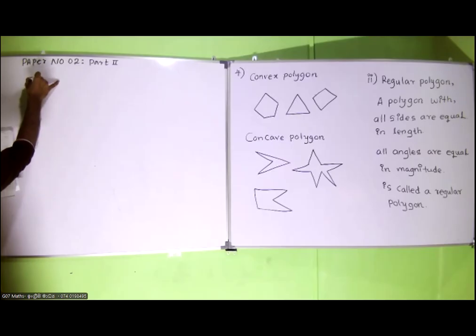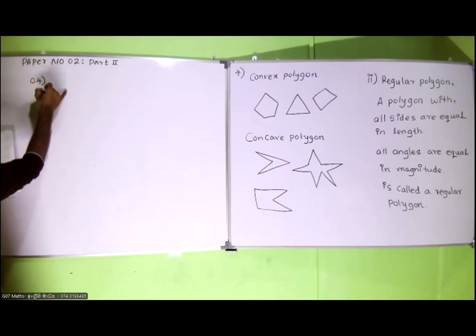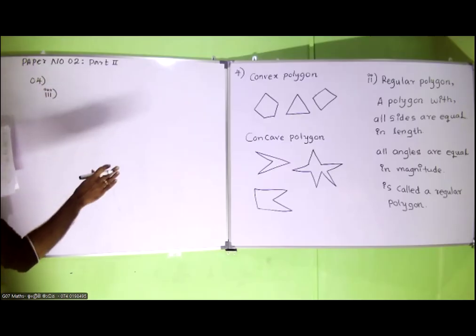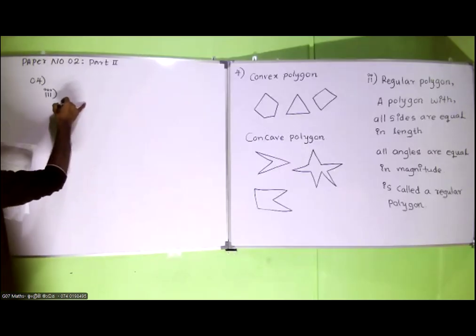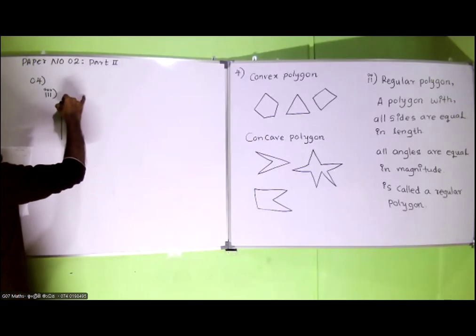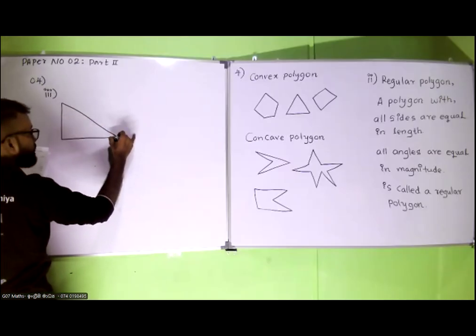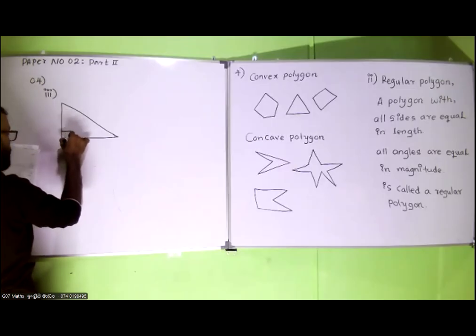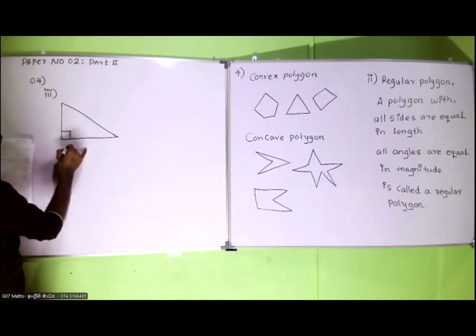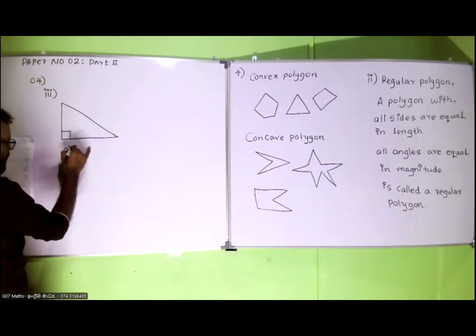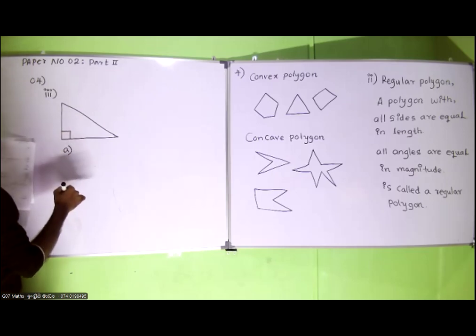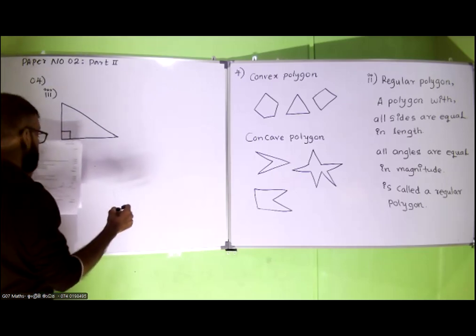Fourth question, third one: classify the following triangles according to the angles. What is this first triangle called according to the angles?